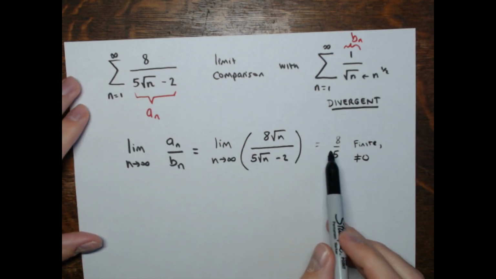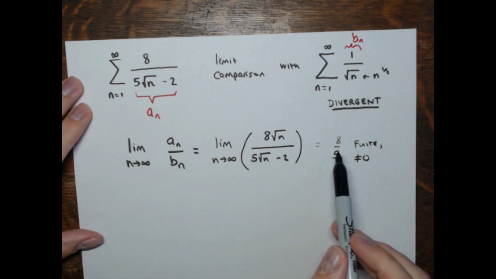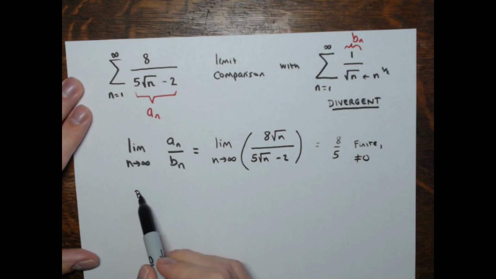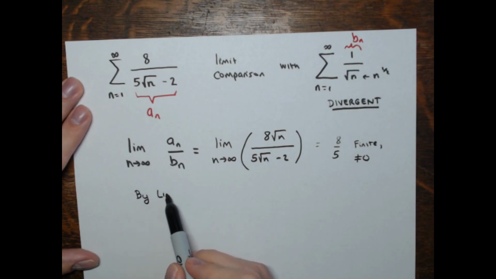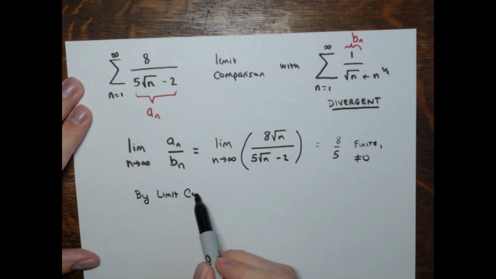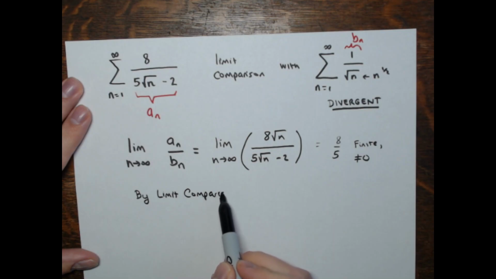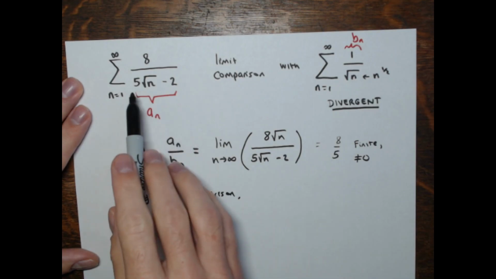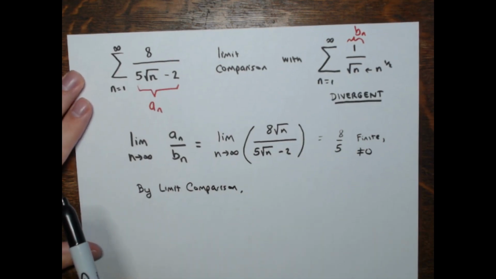So remember, when this limit is finite, some value that's positive and not 0 or infinity, by the limit comparison test, both series converge or both series will diverge.